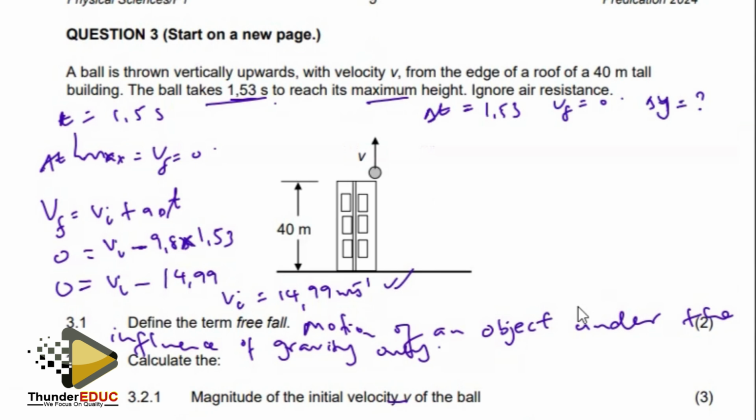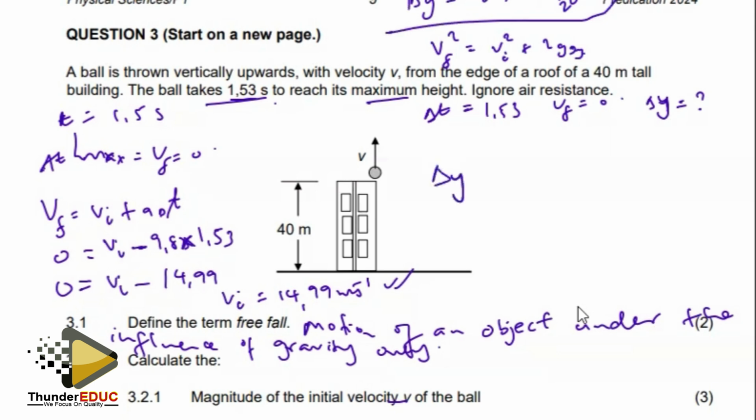Either way, we have to use the V initial, because the displacement is V initial multiplied by time plus a half a delta t squared. If I use V final squared, it's V initial squared plus 2 multiplied by a delta x or delta y. So let me use the second.